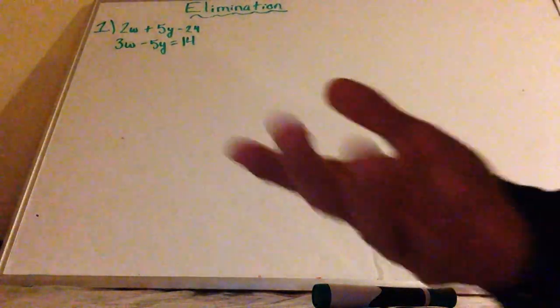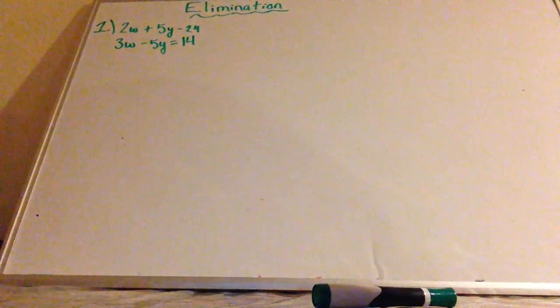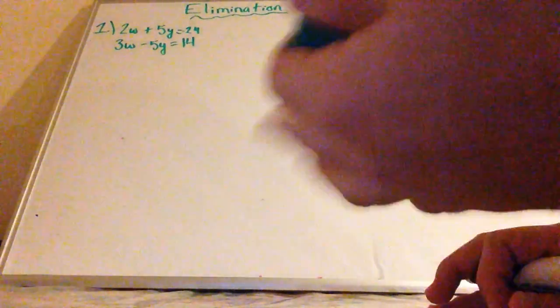Alright. So our first question, as you can see, 2w plus 5y equals negative 24. And we got 3w minus 5y equals 14. So we start off, this is an easier one.